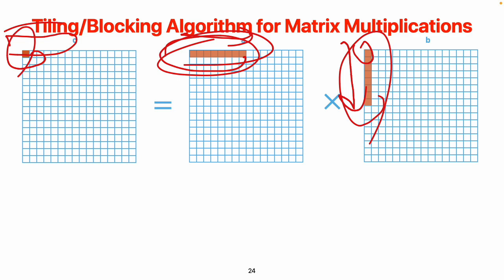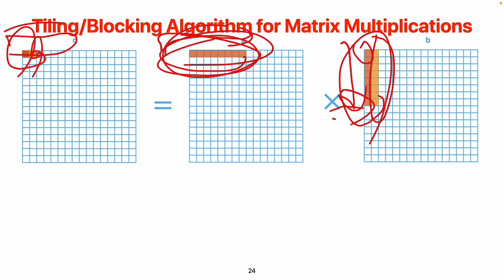Now, if I stop here and go back, instead of calculating the rest of C00, I go to C01. Then what I need is, again, this row and the next column. You might think, okay, a new column.